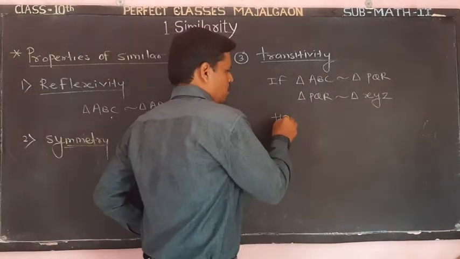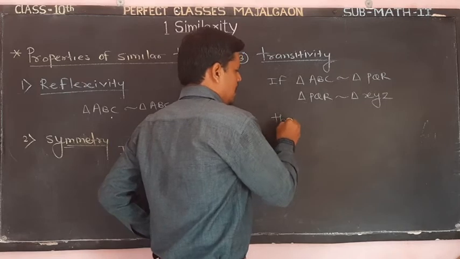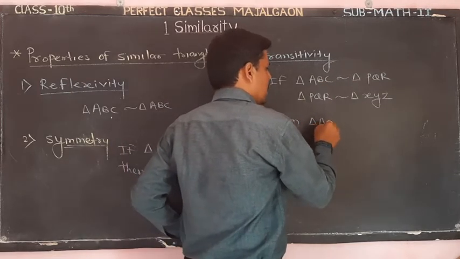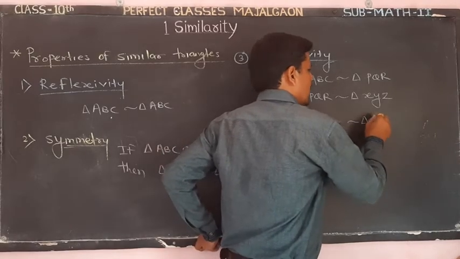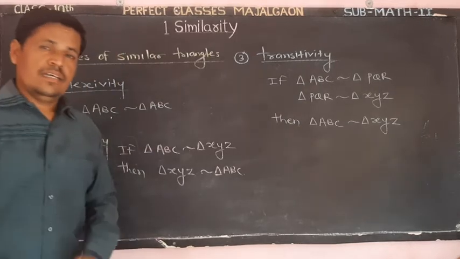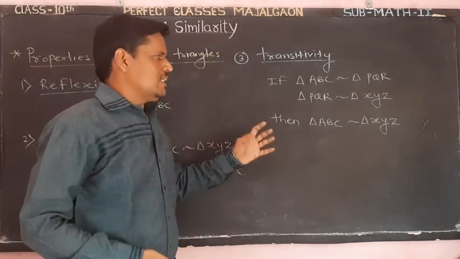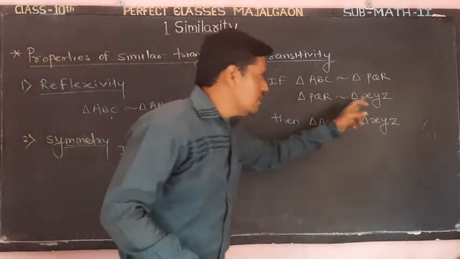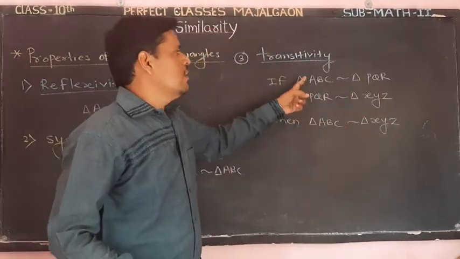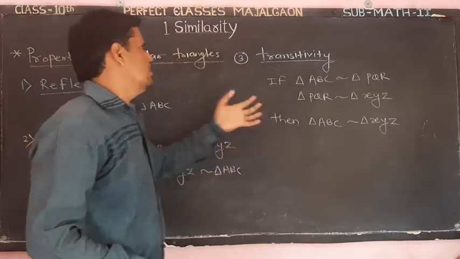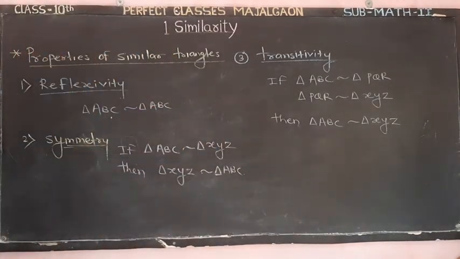Then we will say that the first and third triangles are also similar, and this property is known as transitivity. This is the third property, transitivity. Ramesh is the brother of Ganesh, Ganesh is the brother of Suresh, then Ramesh and Suresh are also brothers. These are the properties of similar triangles.